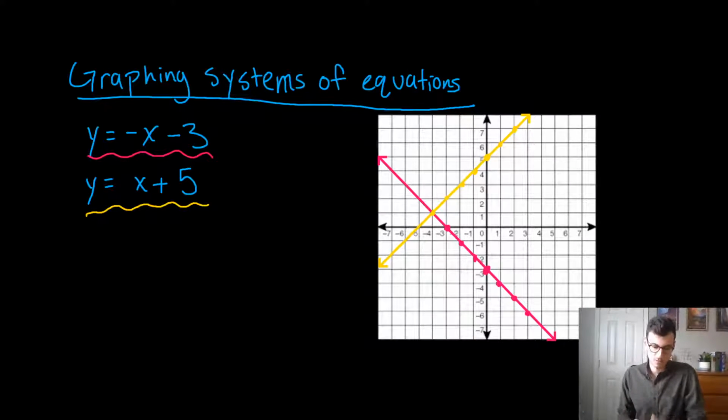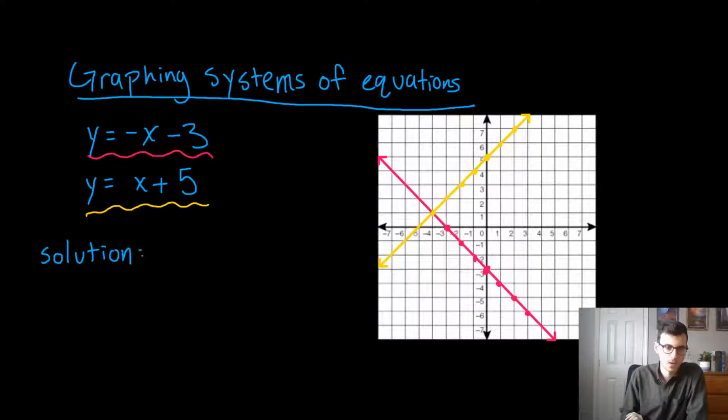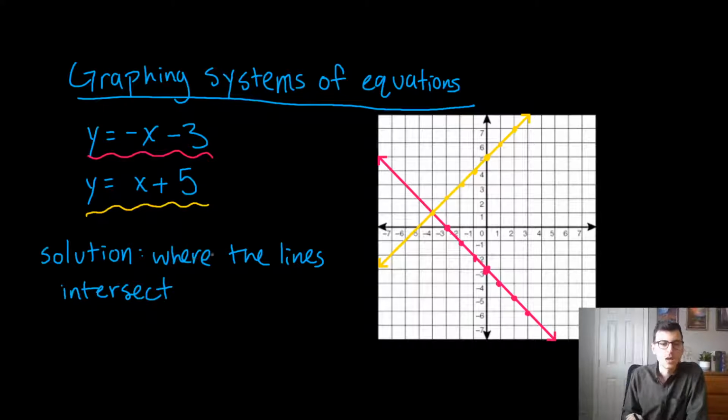Okay, so we've graphed the system of equations, and often you'll be asked to find the solution to that system of equations. So the solution, maybe we can get blue back out, is where the lines intersect. Meaning it's where the values of x and y are the same.